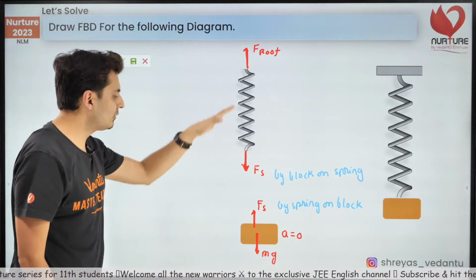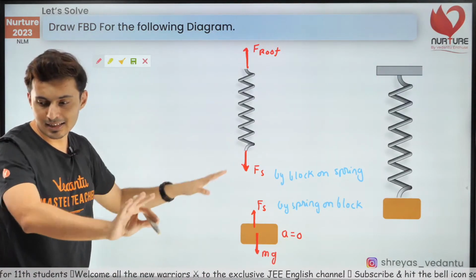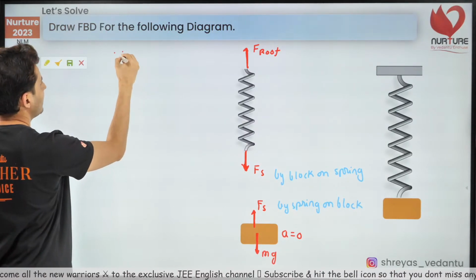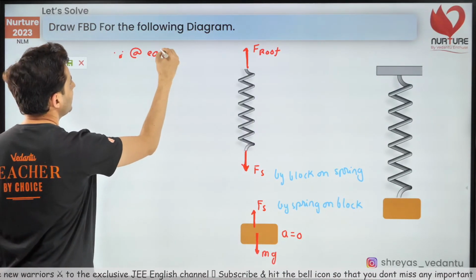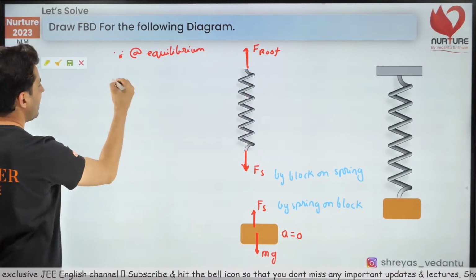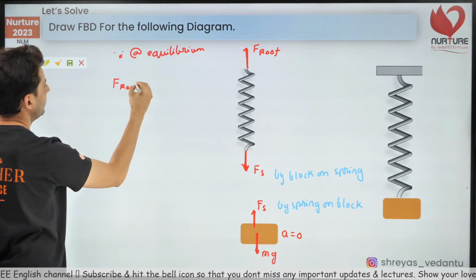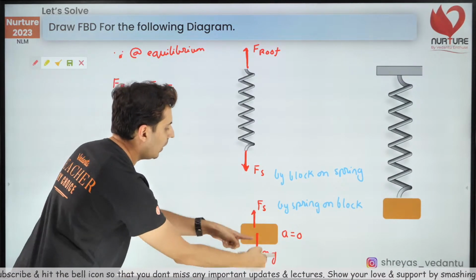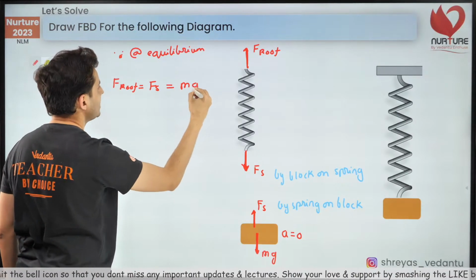So, all these are the forces. Now, everything is at rest, since everything is at equilibrium. Equilibrium means F from the roof should be equal to the spring force, which is also equal to mg.